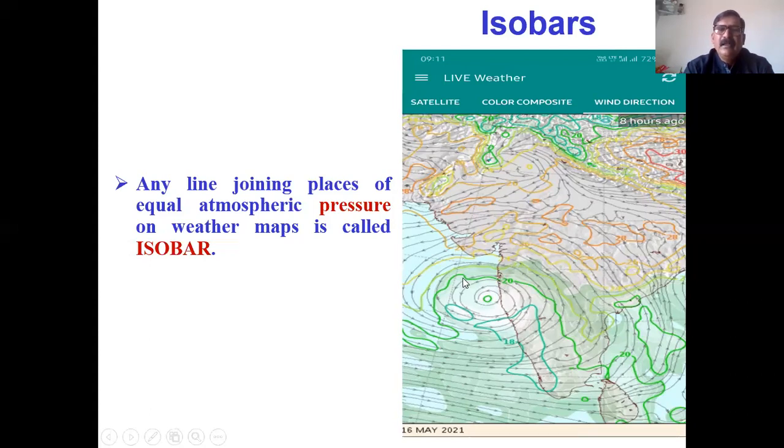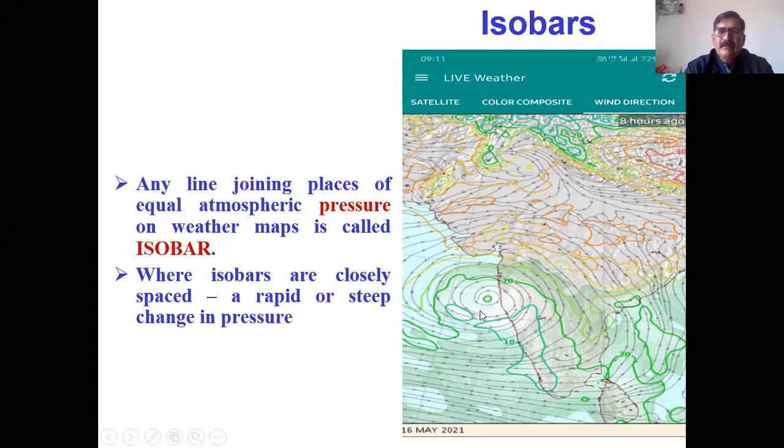If you see here, there is equal temperature, or equal wind speed, or equal pressure. Lines may be of different types, and any line joining places of equal atmospheric pressure, like this black line shown here, we call an isobar.